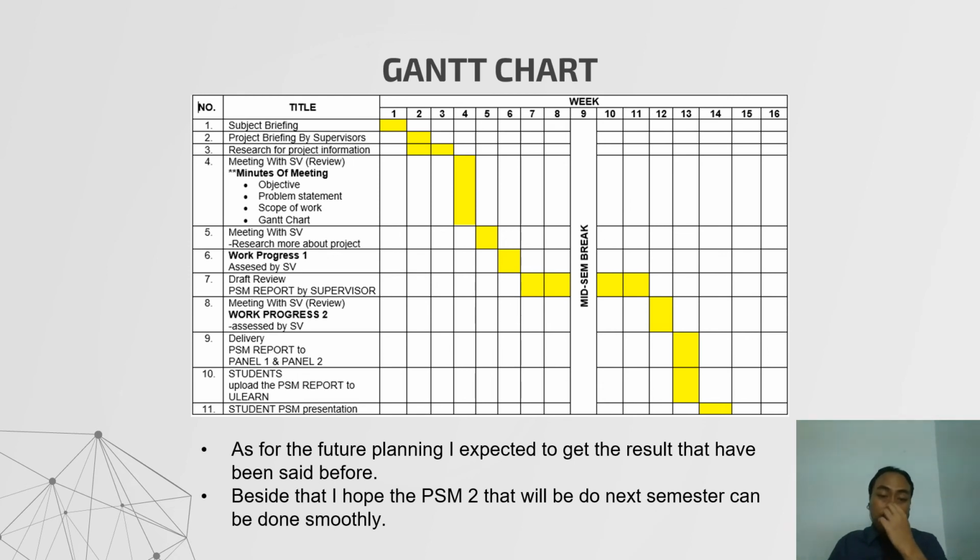Besides that, I hope in PSM2 I can do this design smoothly because I have done all of the planning and understood all of the theory from PSM1.